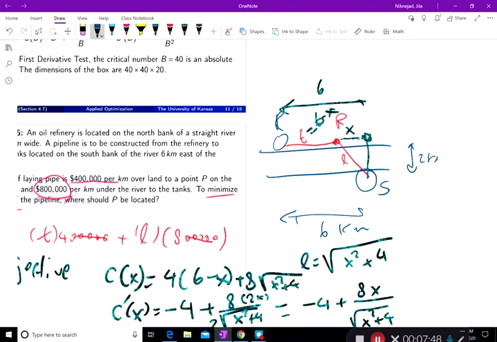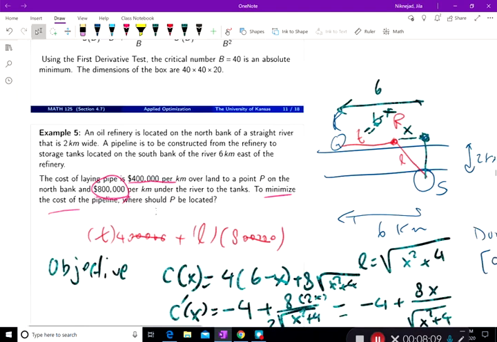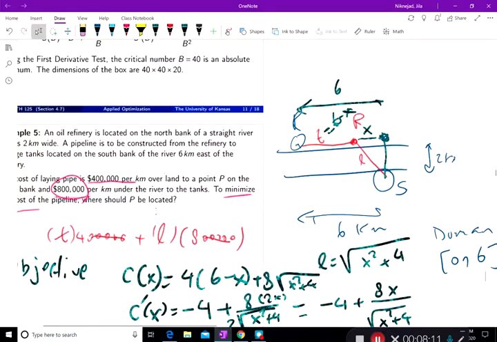What values can x take? P can be right here and x be 0, or P can be right here and then x would be 6. So the domain is 0 to 6.